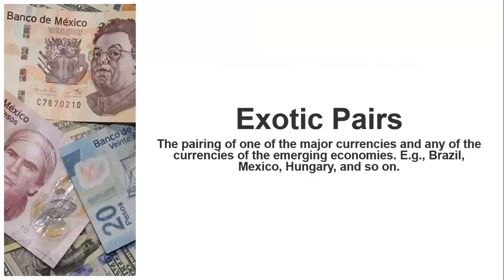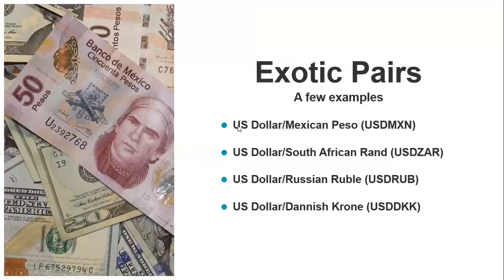Then, to answer the question, where are the other currencies in the world? You have them grouped here. There is a group of pairs referred to as the exotic pairs. For the exotic pairs, you have a major currency, then a currency from the emerging markets. Here's our example. The US dollar, Mexican peso.